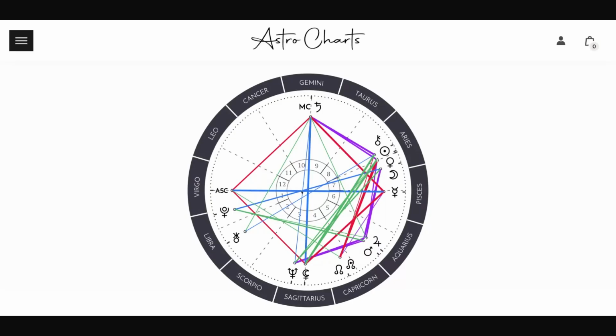Now, this person that we made up has more planets on the bottom, see, from here to here. That means they're more introspective. They don't really show outwardly maybe emotion or affection, and neither is better or worse than the other. It's just what it is. This is just your blueprint.